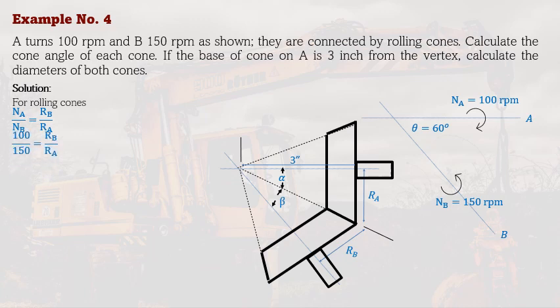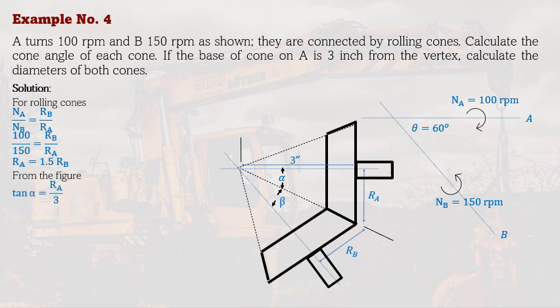Substituting the values of NA and NB, we can get the relationship for RA with respect to RB. So RA, the radius of cone A, is equal to 1.5 times the radius of cone B. You can see that RA is larger than cone B's radius.